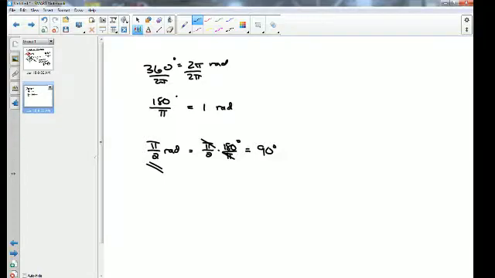If I were to grab a unit circle, did the unit circle we put on Classroom have radians on it? Yes, I think it did. I told you not to worry about it.